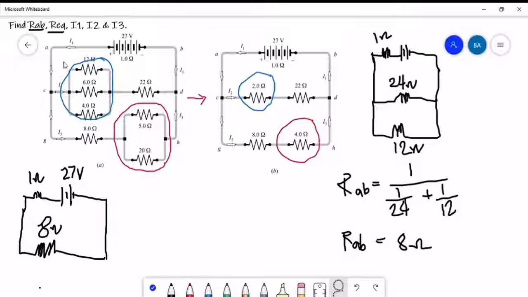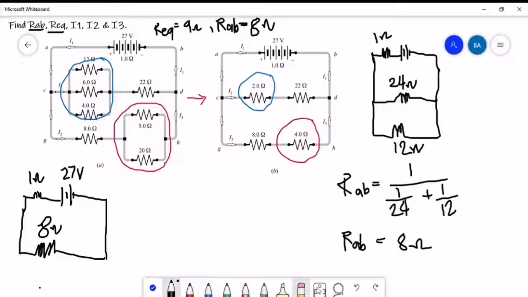Let me recall, our REQ is equal to 9 ohms. Then our RAB is equal to 8 ohms.